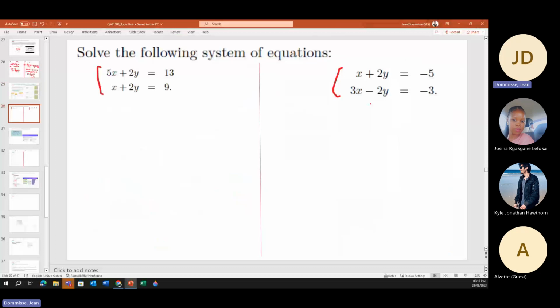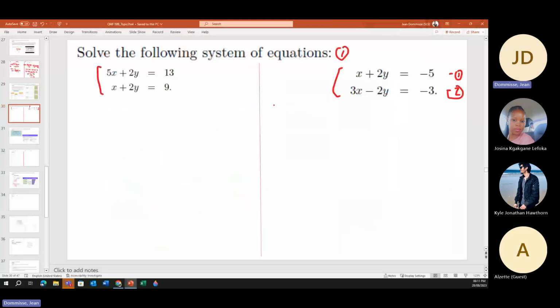Okay, so I'm going to do the first method. I'm going to work with these two on the right-hand side. That is your first formula. This is your second formula. So I check it out and I see, here's something very nice: 2y minus 2y.